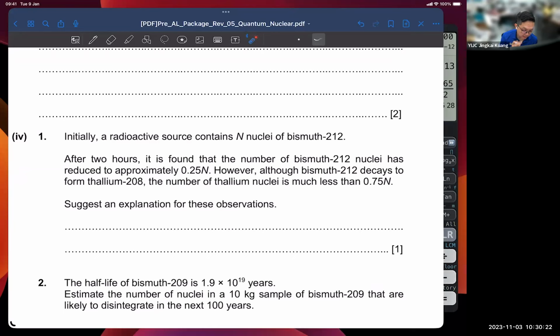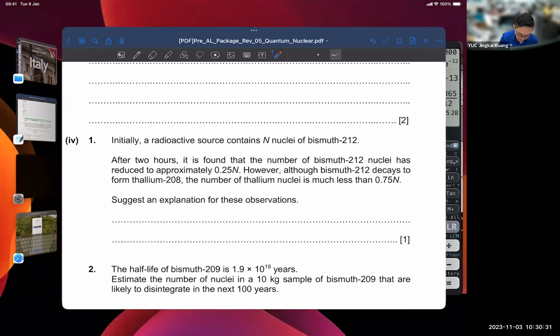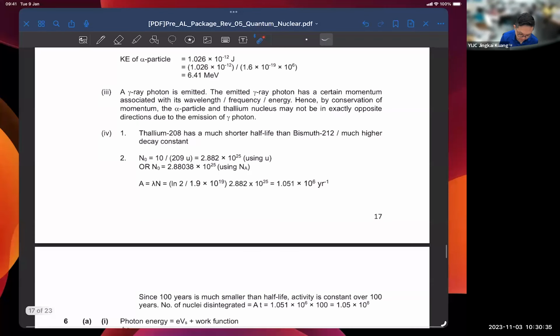If thallium further decays to something else, you're going to have less thallium than expected. Over here, it has a much shorter half-life, so thallium will decay at the same time as well.